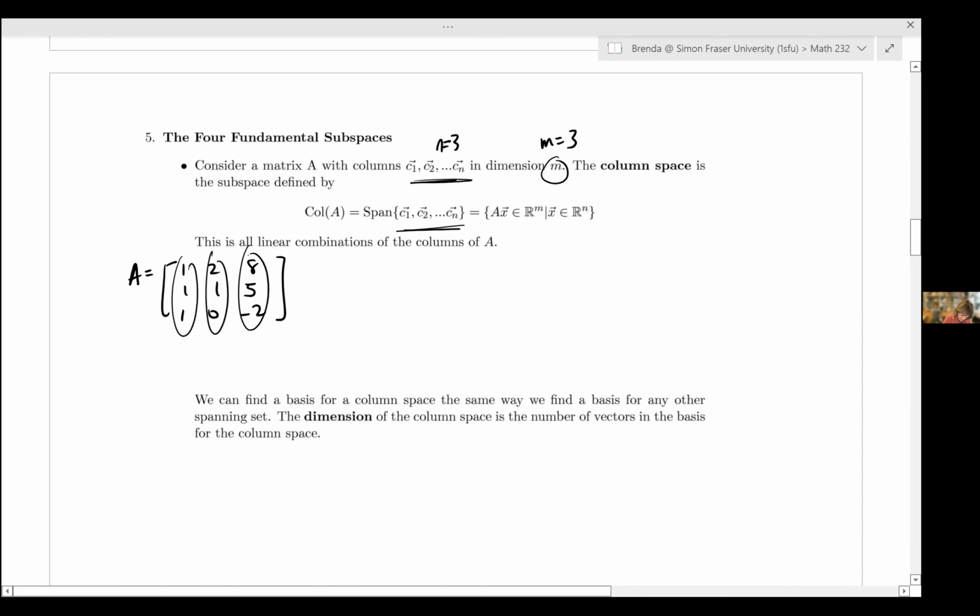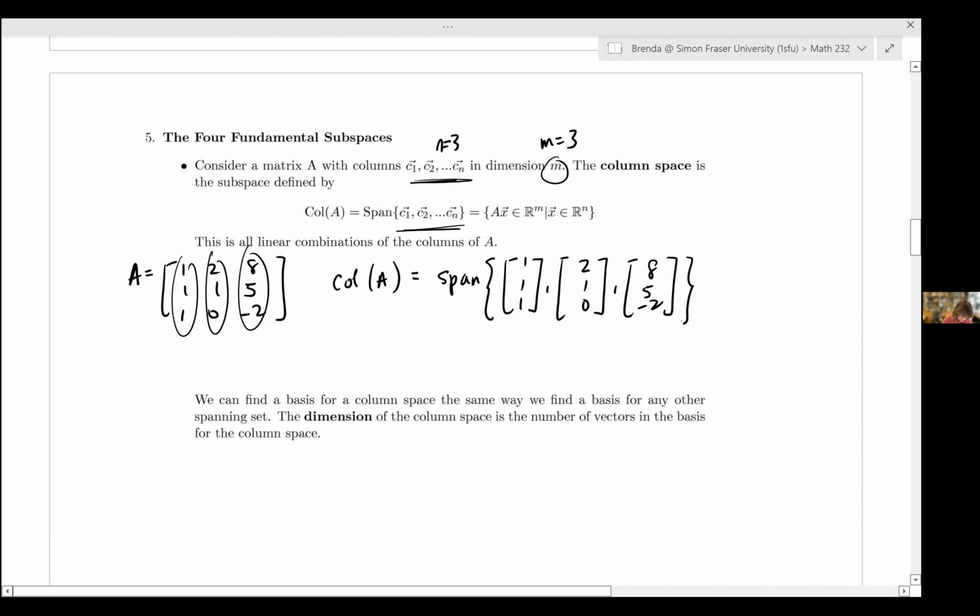Okay, we're talking about the column space here. So we have the column space, which we write like this. The column space of A is the span of the column vectors of A. There. That is the column space of A.